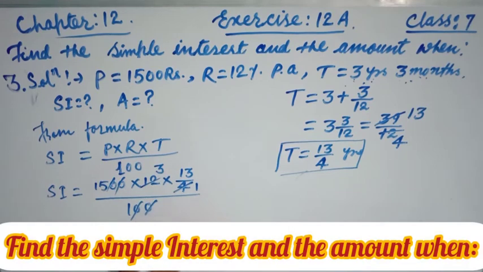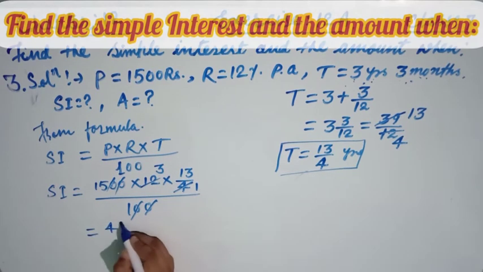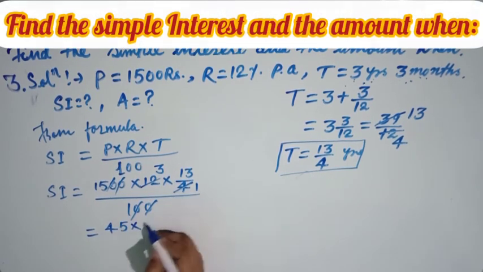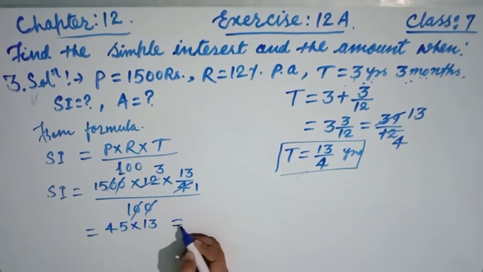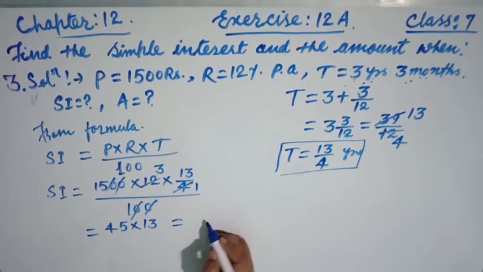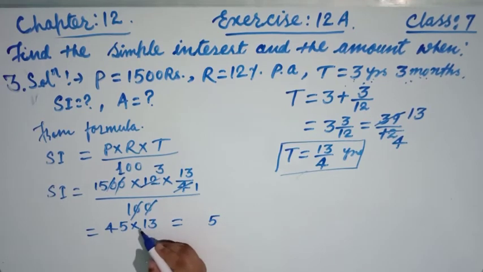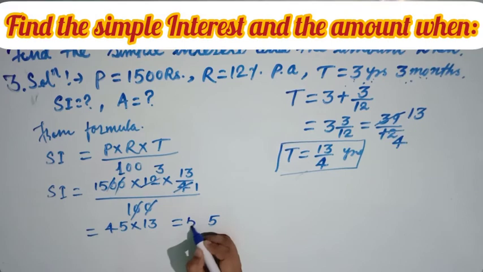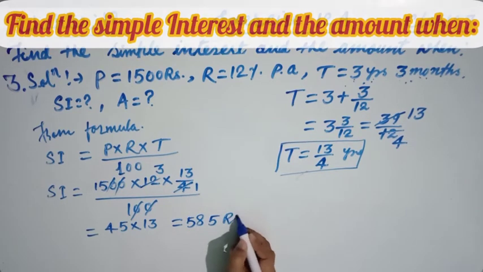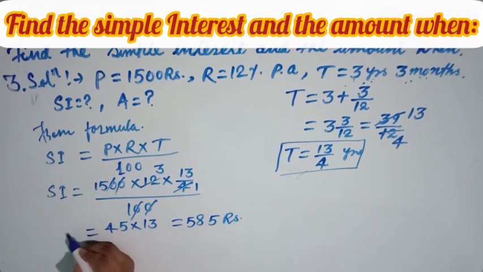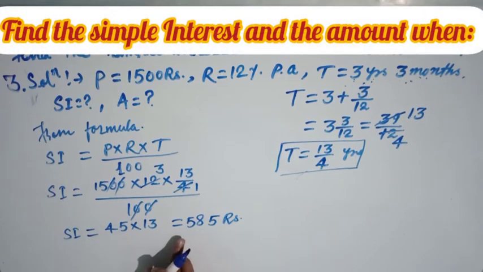Now 15 3 ja 45 and multiply by this 13. Now after calculating, 13 5 ja 65, 5 is here and 6 is balance, and 13 4 ja 52, 52 plus 6, so here 58, and this is rupees friends.